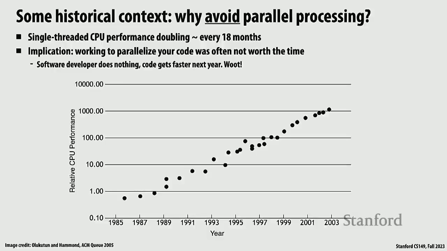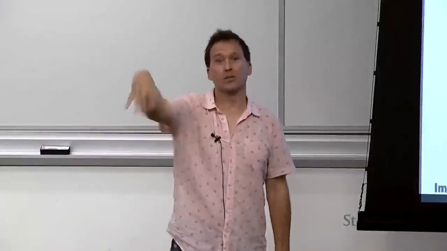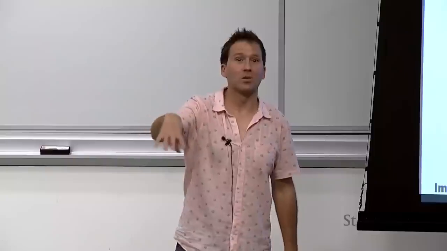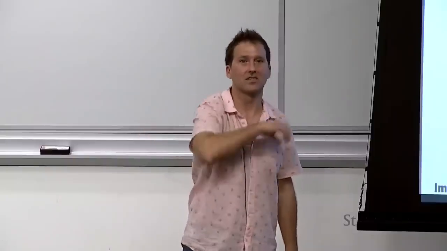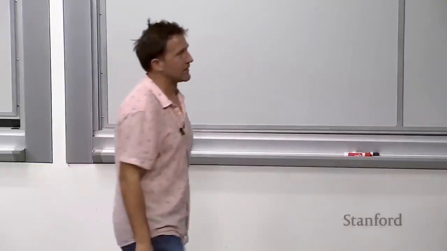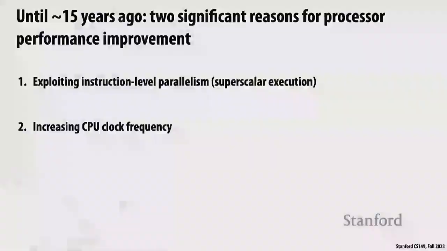It allowed for them to be clocked higher, so frequency could go up. It also meant that more transistors could go on the chip, and architects had to have clever ways to use those transistors to translate into performance. Okay? And in this class, I'm oversimplifying a little bit, but you can kind of think about two major reasons: one, parallelizing your code for you without you ever knowing it, and two, increasing CPU clock frequency.